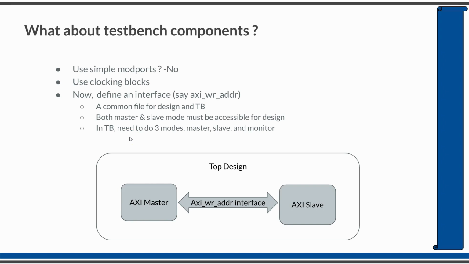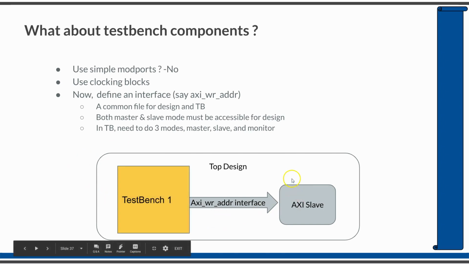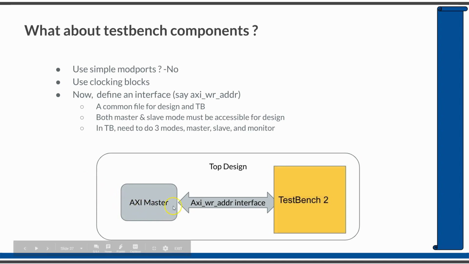And in the test bench, there are three different modes. In the first mode, you will be testing the AXI slave unit with a test bench working in master mode. In the second mode, you will be testing the AXI master subunit with the test bench acting as an AXI slave.